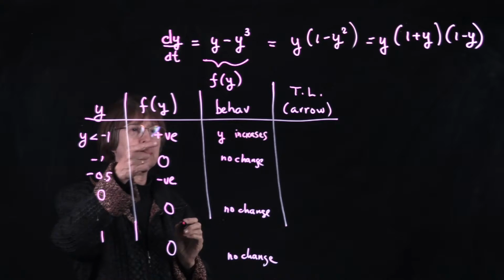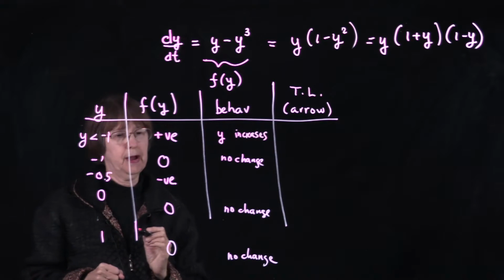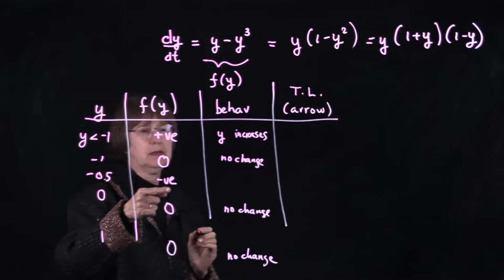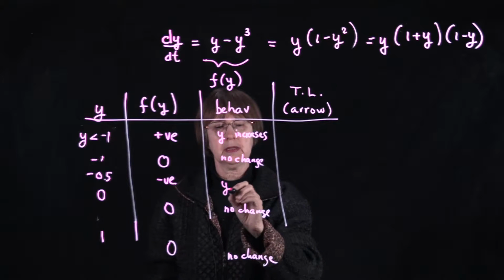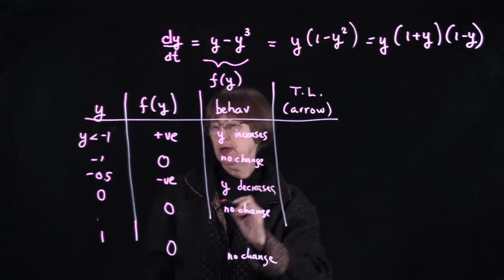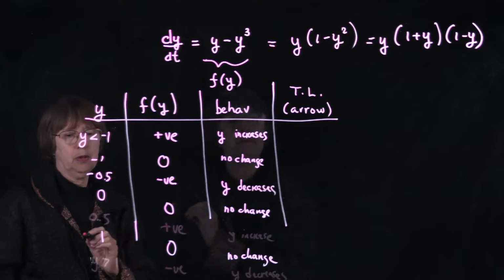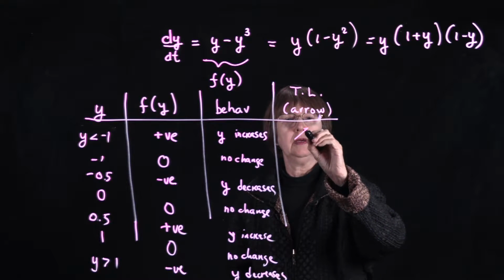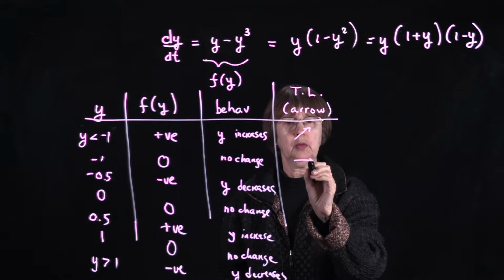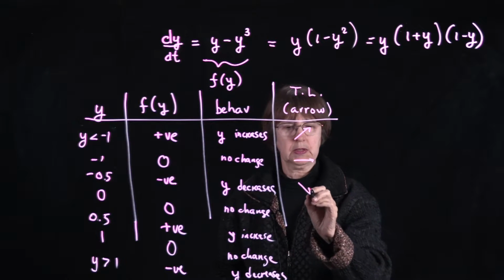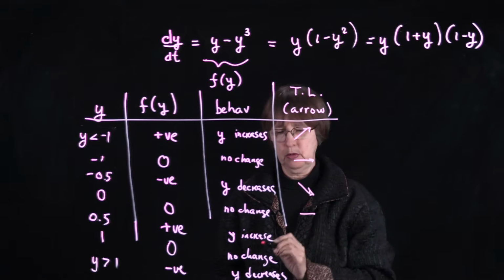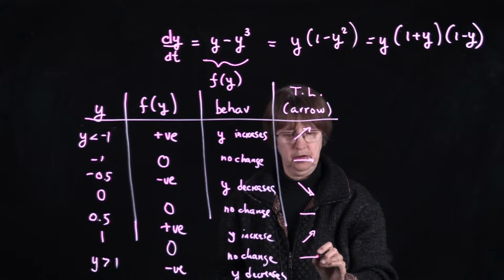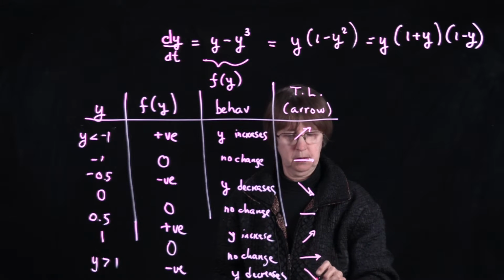So this information tells us that y increases with time. Over here, the fact that this is negative, this tells us that y decreases. Now we can go on and complete this table, and so the direction of the tangent line, here it will be sloping upwards, here it will be flat, here it will slope downwards, here there'll be no change, up, no change, and downwards.